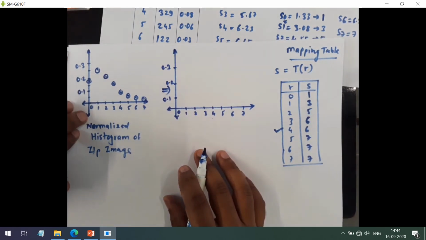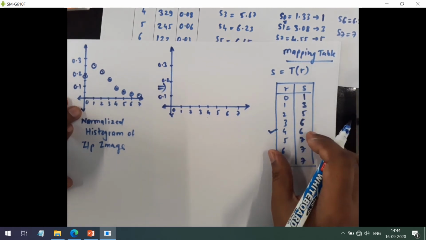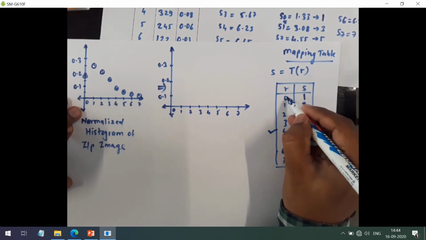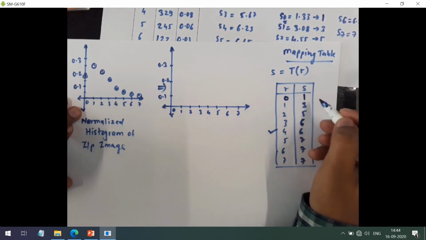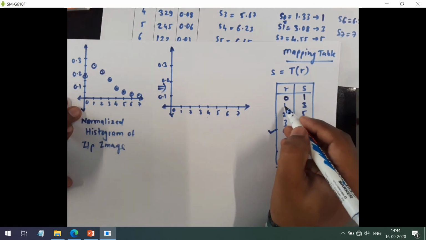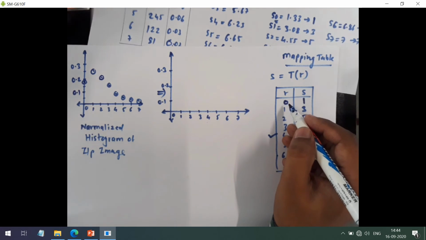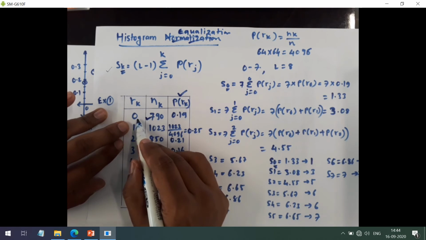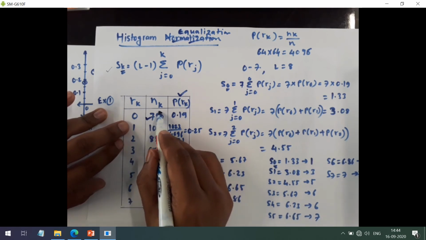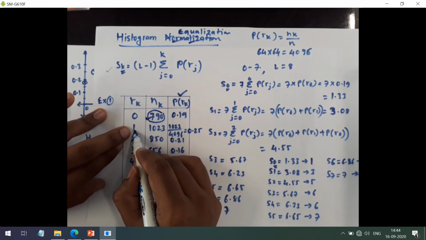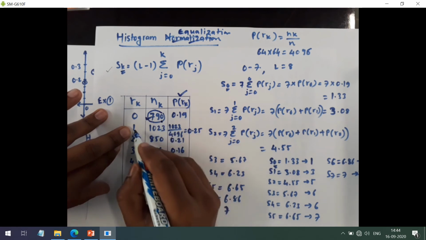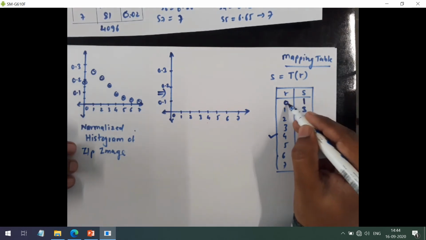So now we will apply our transformation using this mapping table. Intensity 0 is mapped to intensity 1 in the output. The pixels having intensity 0 are given in this table. After applying the transformation, these many pixels will have intensity 1 in the output image, which can be seen here, right? 0 is mapped to 1.